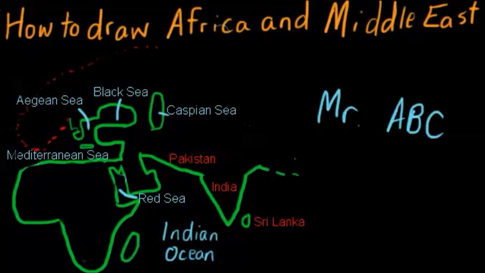But take a look at the border between Asia and Europe, and it starts right here where the Black Sea is, and it comes over to where the Caspian Sea is, and then it goes from the Caspian Sea directly north to the north coast. Now that's a large border. Sorry, actually this part's a little bit further down. So that's still a large border between Asia over on this side and Europe over here.